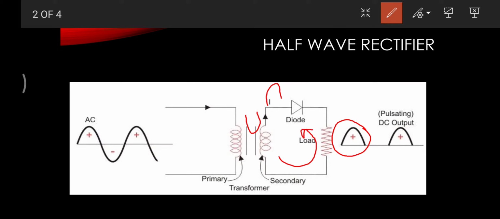We all know about the direction of current, that for the positive side, if it is flowing from A to B, then for the negative cycle the current will flow from B to A in the AC circuit. As the diode only conducts electricity in one direction, there would be no voltage at the output. And again, when there is a positive cycle, it again appears at the output. Hence you will get the output something like this.